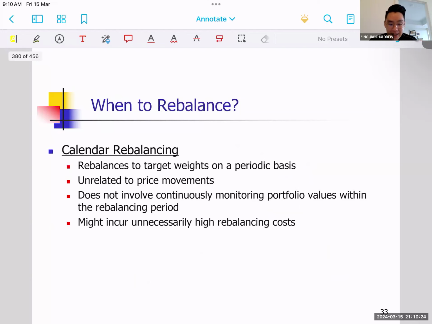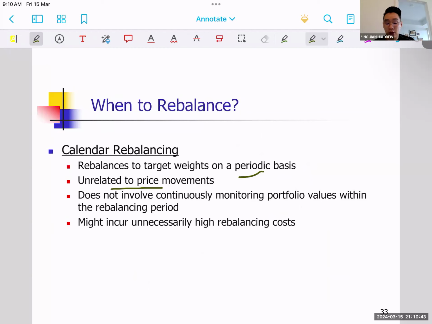Now, calendar rebalancing. Okay, so now let's talk about strategy already. So the first one is calendar rebalancing, meaning that we rebalance on a periodic basis, unrelated to any stock price movement. So, every 6 months, every quarter, we just rebalance.